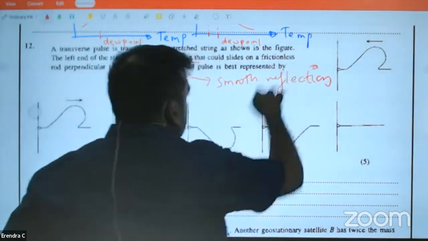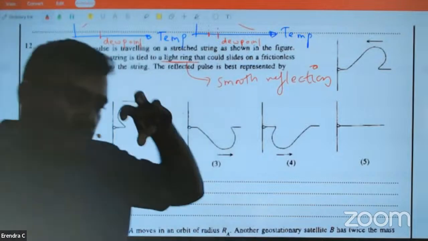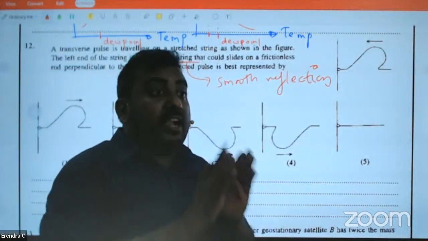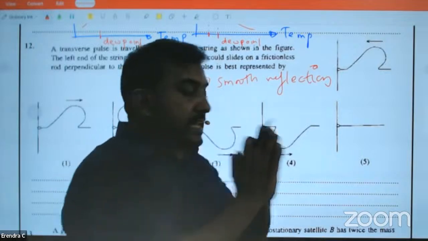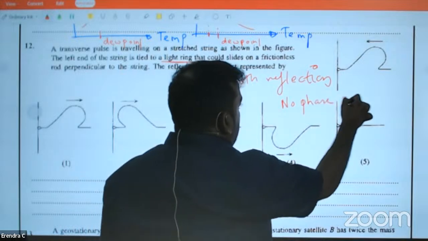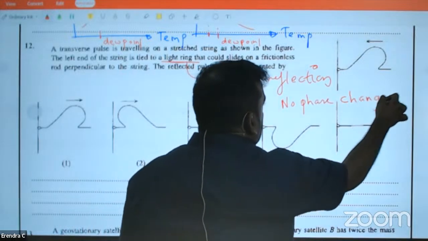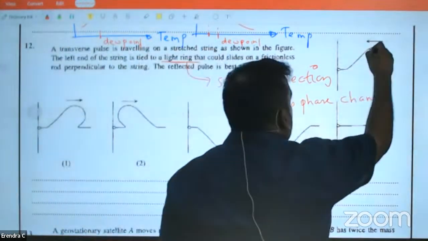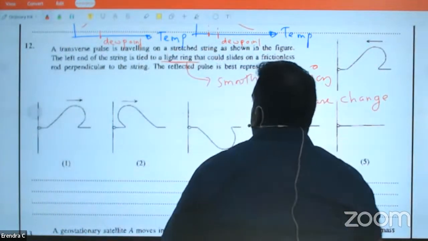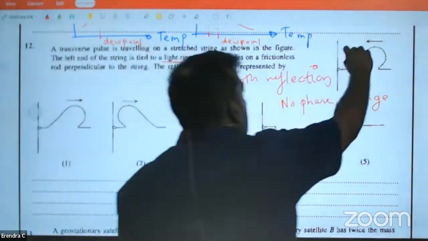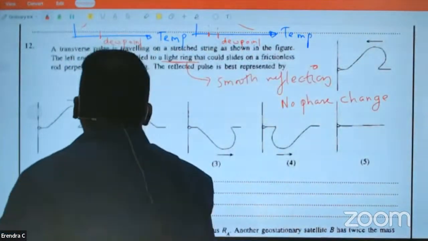Smooth reflection means, number one, no phase change. You must have learned this in your theory. No phase change means whatever comes first will go out first, at the same time. Whatever comes second will go out second.